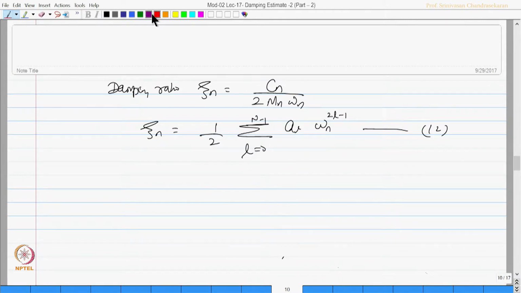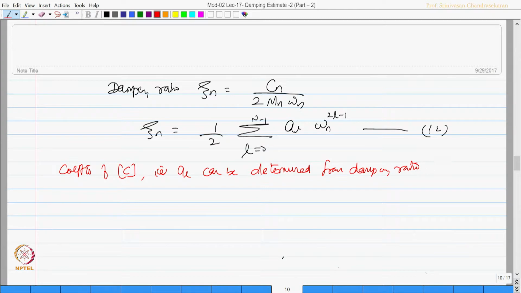So, it is interesting to know that the coefficients of damping matrix, that is A L, can be determined from various damping ratios specified for any J modes.